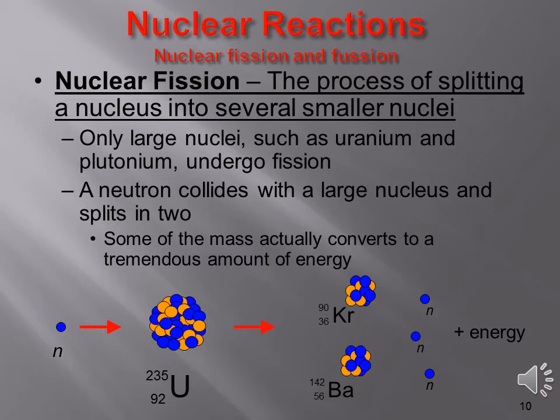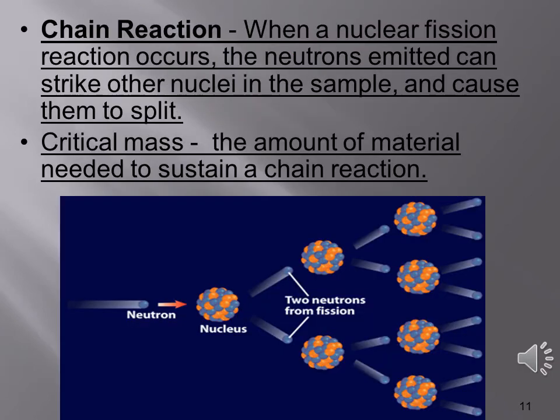For example, if I have uranium and bombard it with a fast moving neutron, then our uranium, since it is unstable, disintegrates into two, forming krypton and barium, with release of neutrons and energy. We term this as nuclear fission.